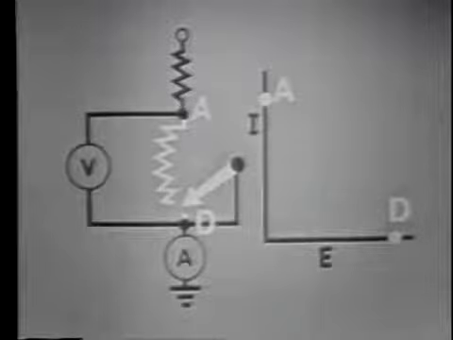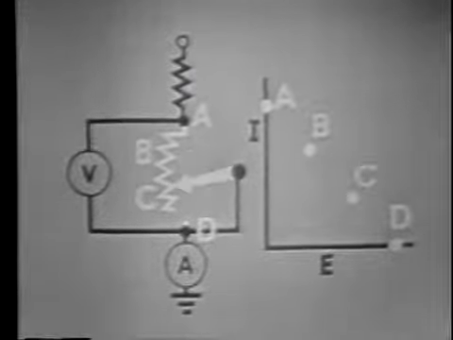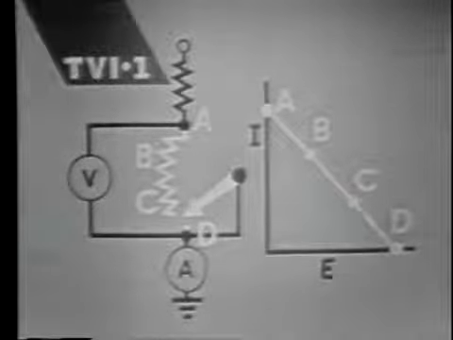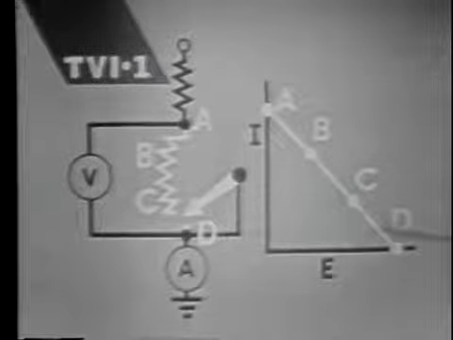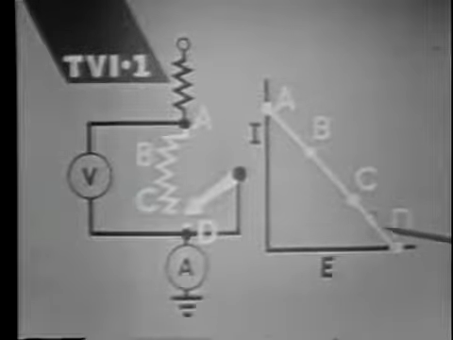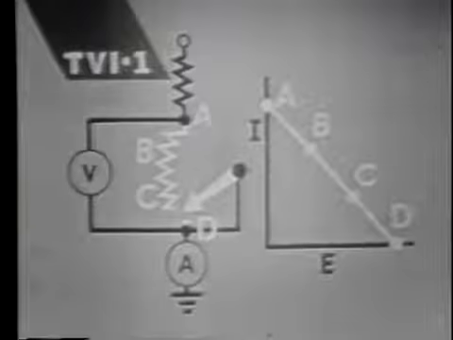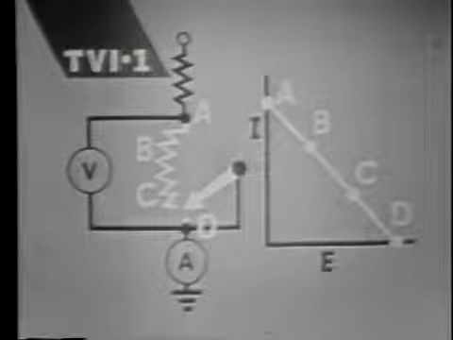If the arm is moved from position A to position B to position C to position D in steps, a series of points would be generated that would be on a straight line between positions A and D. Using the simple resistive circuit as an example, we can describe a basic load line.